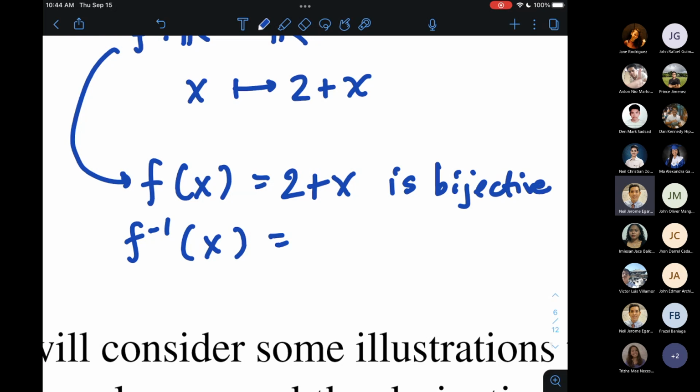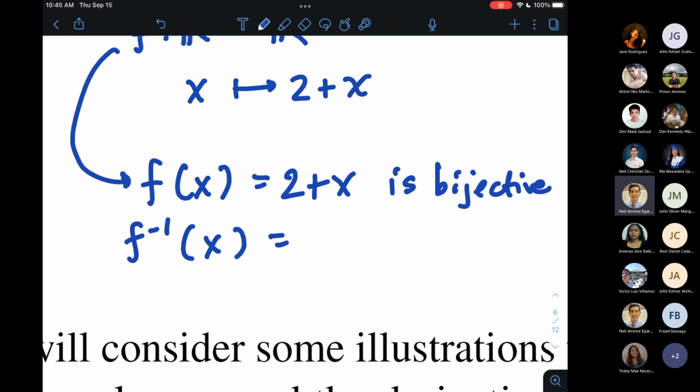Kung ang f ko ay 2 plus x, ano yung f inverse? Guys, ano si f inverse? Kung si f ay 2 plus x, ano si f inverse? Or nakalimutan niyo na pag-invert?